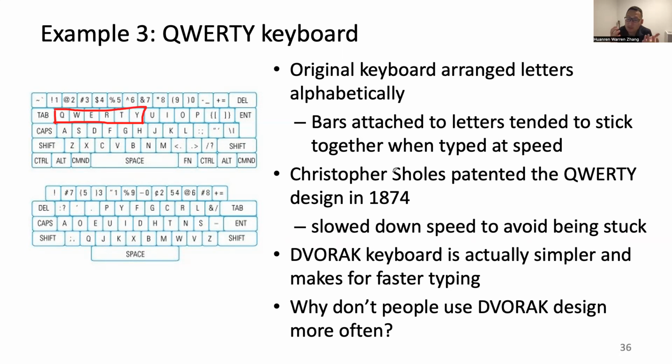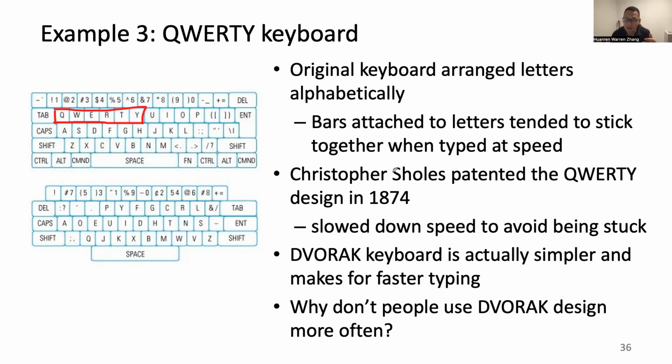I mean, back when the first typewriters were coming into play, the letters were actually organized alphabetically, right? Because it's organized alphabetically, it's easier to remember the layout of the keyboard and easier for you to type.